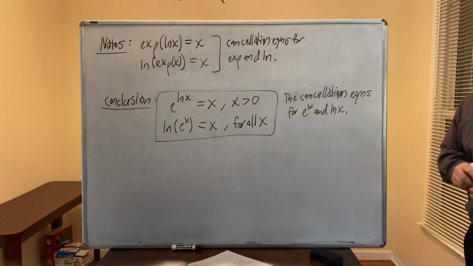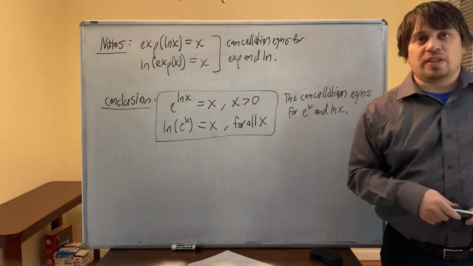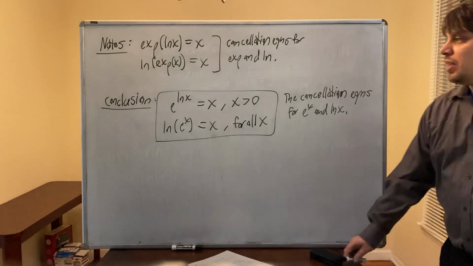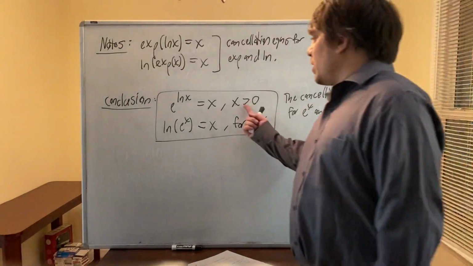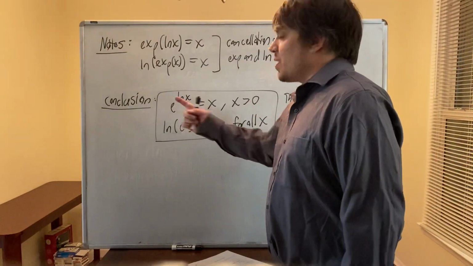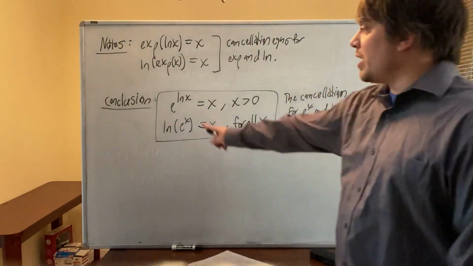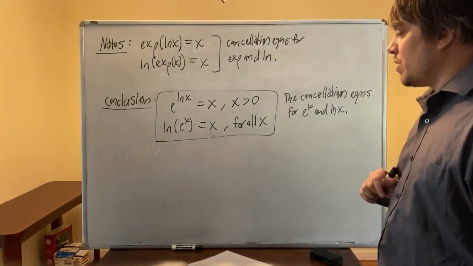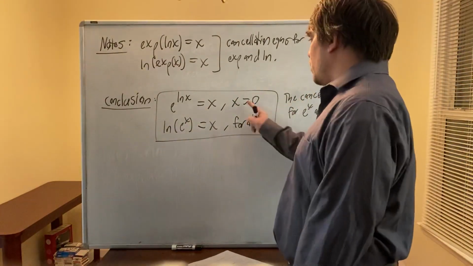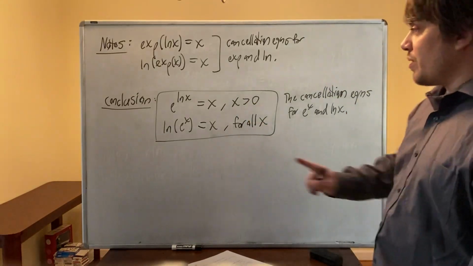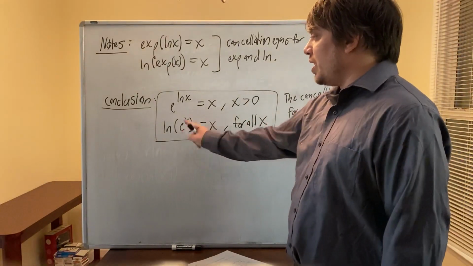Because now e to the x is the inverse function of ln. And so the reason why this is for only x positive is because we're plugging x into ln here. And so ln is only defined for positive x. And so we can only say this equation holds for positive x. But now this one is an x that you plug into e to the x.